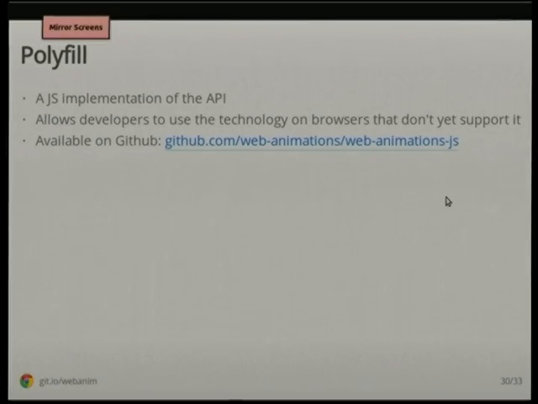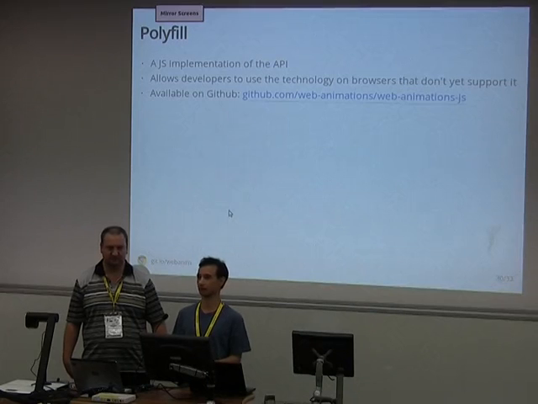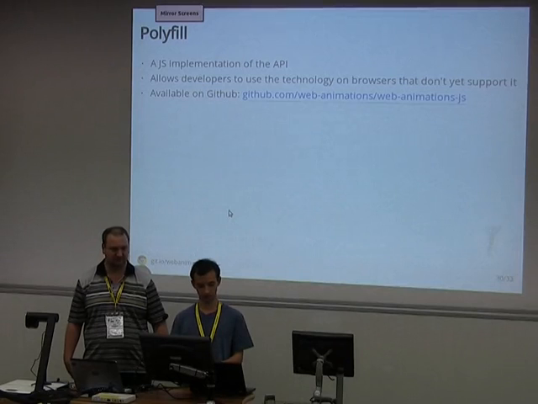You can run it in basically any browser and get the API experience that you want to use. It's available on GitHub, all open source, all patches welcome. And what's most welcome is feedback. So if you go to either this link or git.io/webanim, that'll take you to the GitHub page, and then you can start trying out this API and provide feedback on what you think works well, what doesn't.